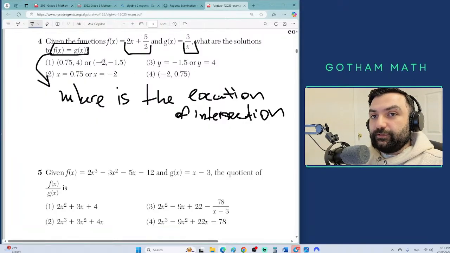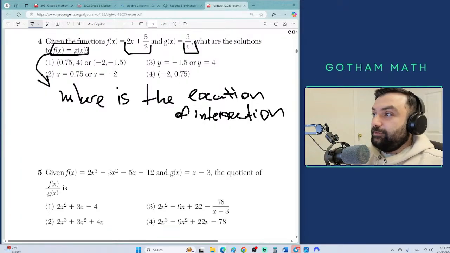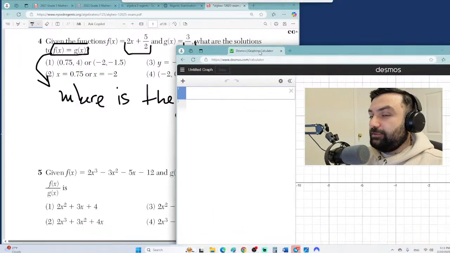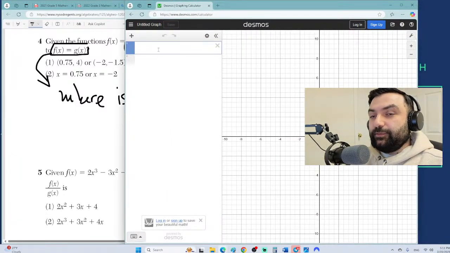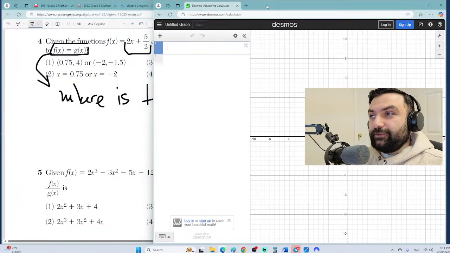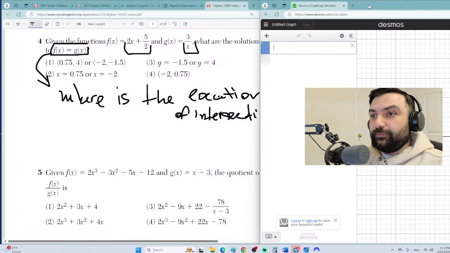It's going to be one of those answers. You're not allowed to use decimals there, but I'll use them just to see the location of intersection. We can make a video on how to do it on the TI graphing calculator, but for now I'm just going to put it in Desmos.